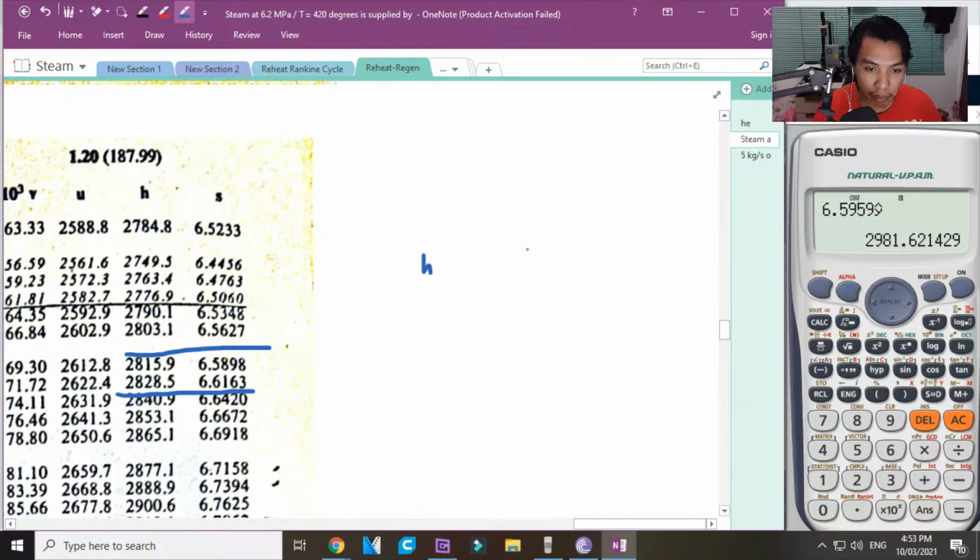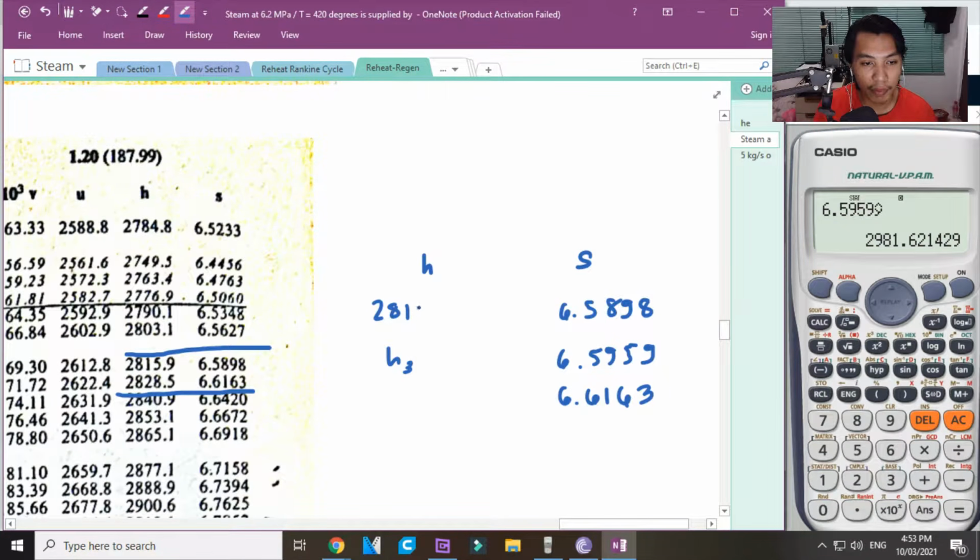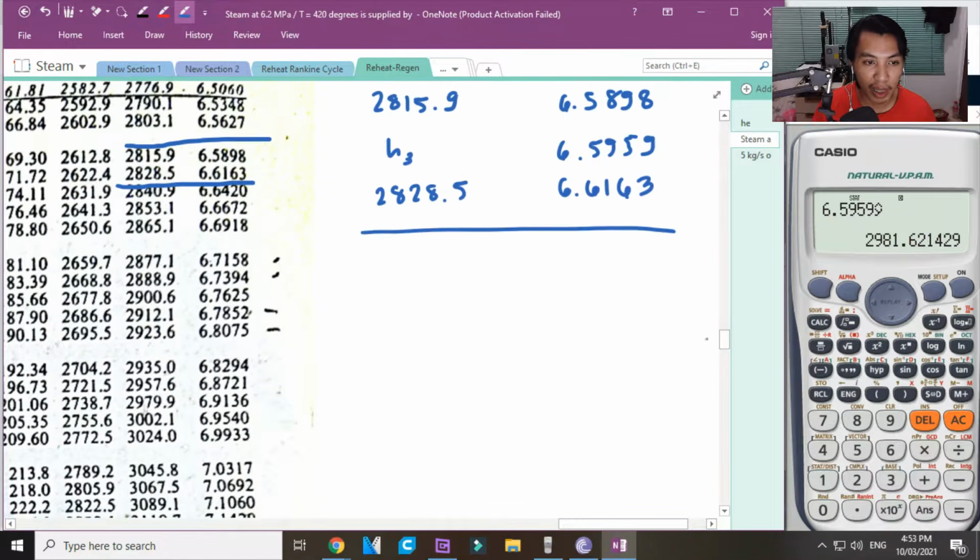So, H3. Yung H, tapos yung S, that is 6.5898. Tapos yung hinahanapan natin, 6.5959. Tapos 6.6163. Yung H3, hindi natin alam. Tapos 2815.9. Tapos 2828.5. Therefore, by interpolation of values, H3 will be, magka-close yan.